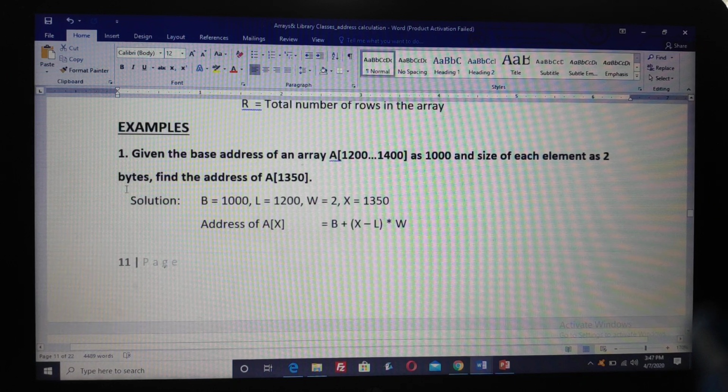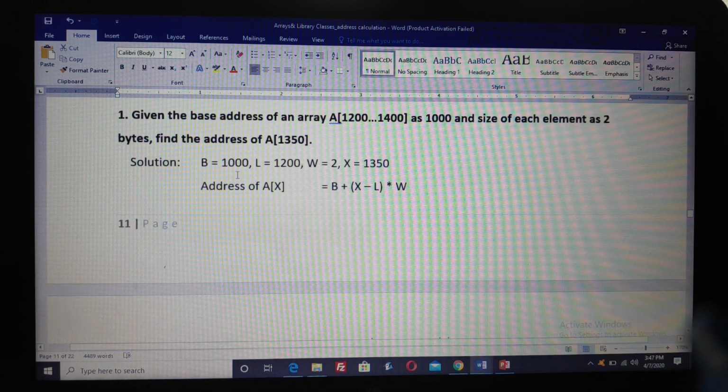For example, this question: given the base address of an array A 1200 to 1400 as 1000 and the size of each element as 2 bytes, find the address of A 1350. This is a single dimensional array.